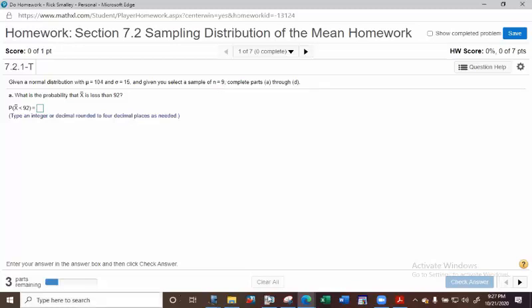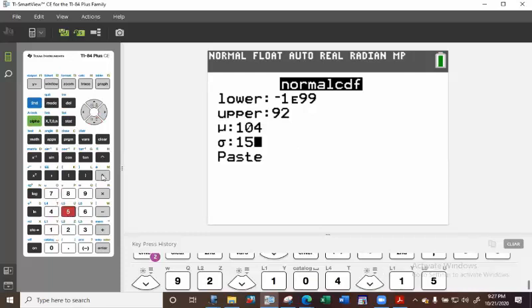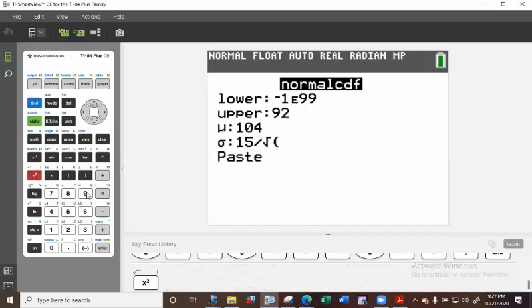So the mean is 104, and then we have 15 divided by square root of 9.